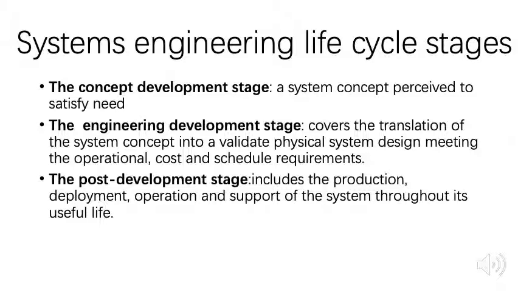The first one is the concept development stage, and I have made a more detailed introduction for this part, and I used the system applying blockchain technology into electrical power system to explain some knowledge in the concept development stage.